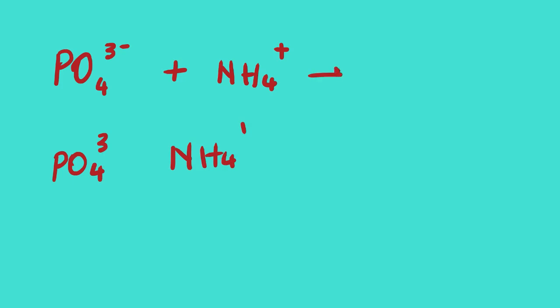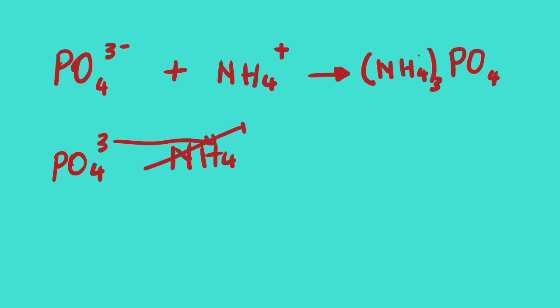In the cross multiply, we normally start with ammonium, NH4, then this 3 will actually come here. Then we have PO4, this 1 will come here. So it's basically 1. So this will be ammonium phosphate.